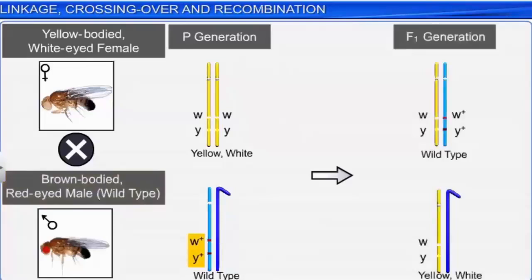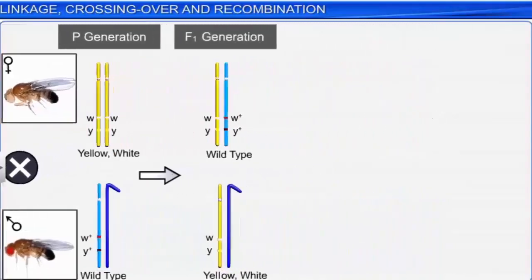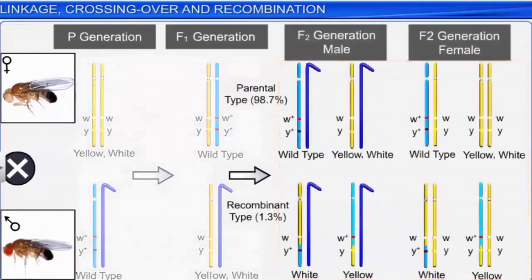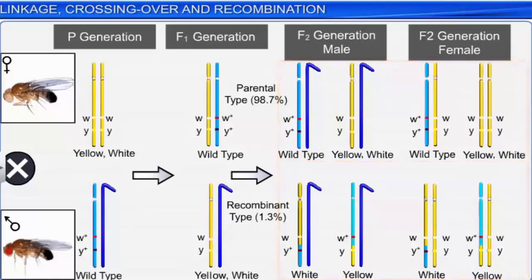Here, the plus sign in the superscript represents the dominant wild-type alleles. Morgan then intercrossed the F1 generation to obtain the F2 generation, and observed that the genes did not separate independently, which was an exception to Mendel's law of independent assortment.